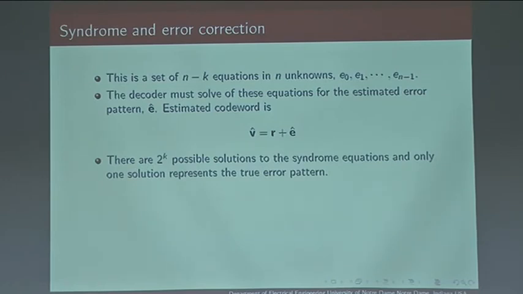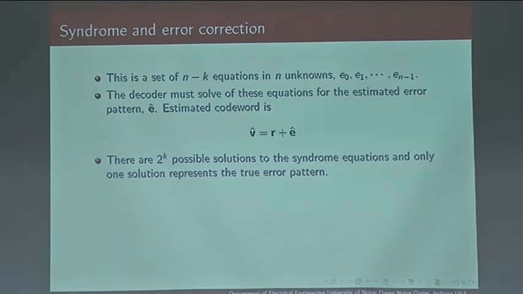But what do we want? Of course, we want to find the most likely error pattern, the one that minimizes the probability that we're going to decode incorrectly, that we're going to make a decoding error. So since there are k more unknowns than there are equations, and everything is binary, there are 2 to the k possible solutions.